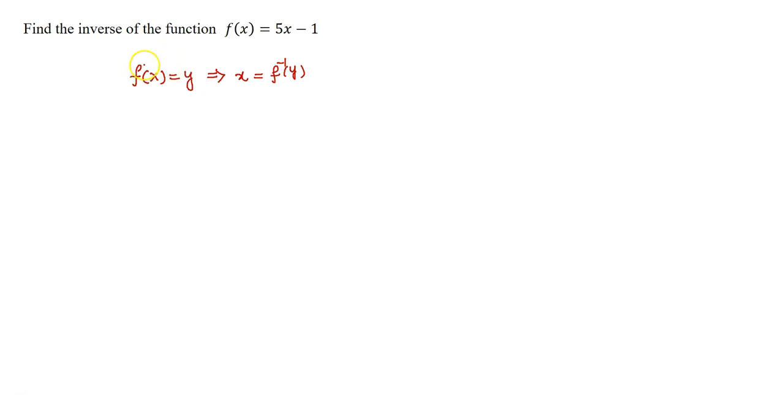If we shift f from here to here, we get f inverse. So first we have to set up this one.